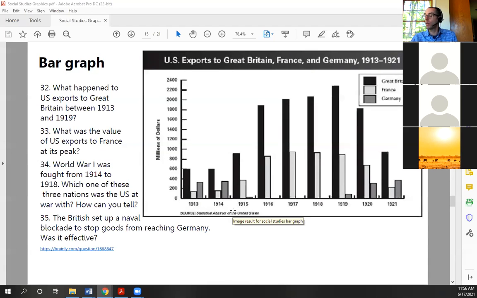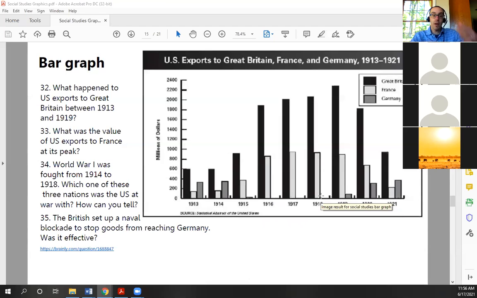Which country was the U.S. at war with, and how can you tell? Germany. Why do you think it was Germany? Now, maybe you know it was Germany, but from this graph, how can you tell that we were at war with Germany? Low exports. There is no export, right? Yeah. In 1916, 17, 18 it almost looks like zero, right?